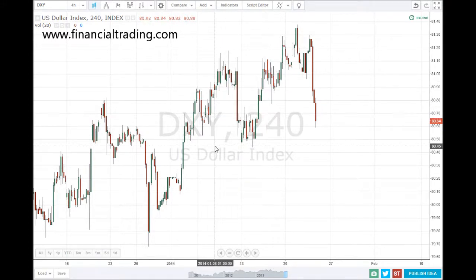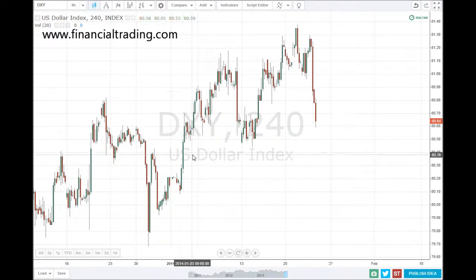So the euro, which consists of 17 countries, has the biggest part or weight on this index at about 58%. The yen comes in second at 14%, the pound at 12%, the Canadian dollar at 9%, the krona at 4%, and the Swiss franc at 4%.